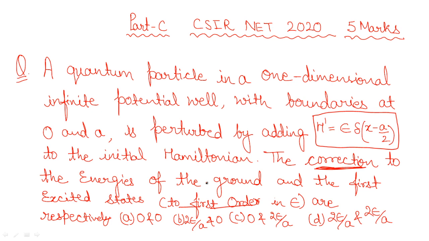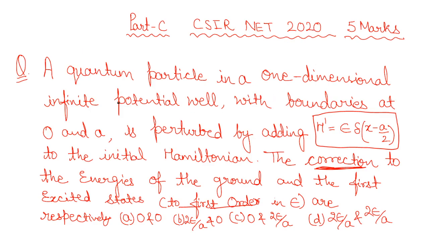In any such question, for finding the first order correction to the nth state energy, it is simply psi n, the perturbation applied to the system, and psi n, the state wave function. For the 1D potential well we have the normalized wave function.